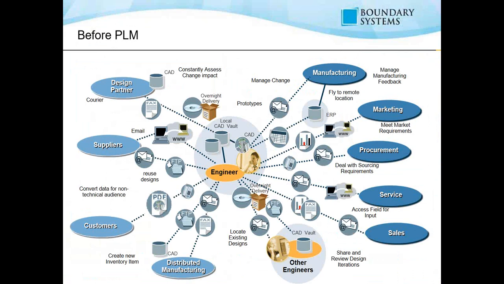So the challenge is that companies with this type of data distribution have two ways to deal with the situation. They can either allow mistakes to happen, or they spend large amounts of human effort and hours manually managing the data. Nowadays, neither is acceptable in a modern product development company. So what is the alternative?